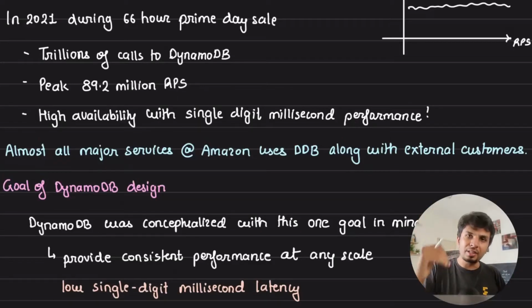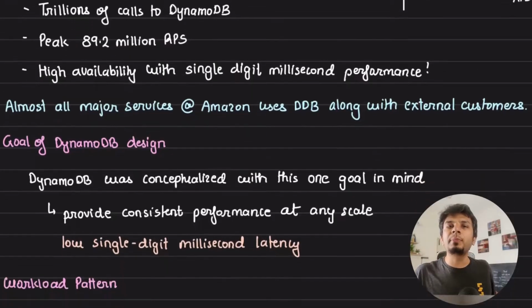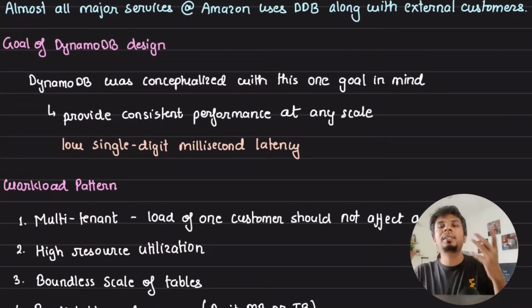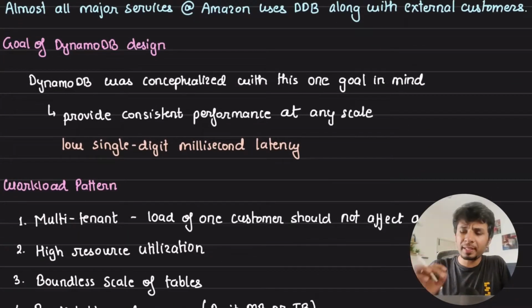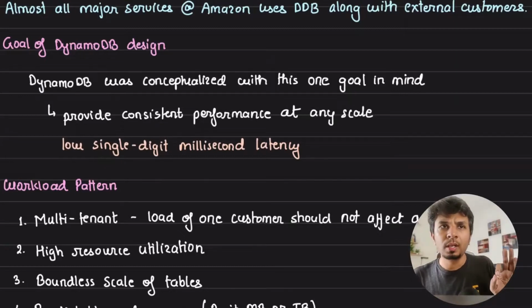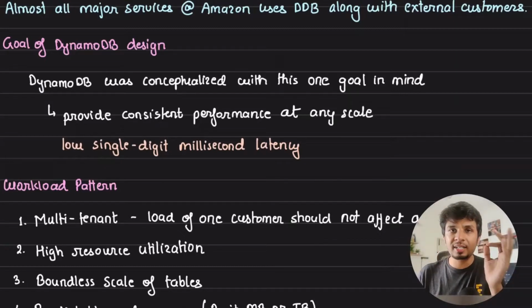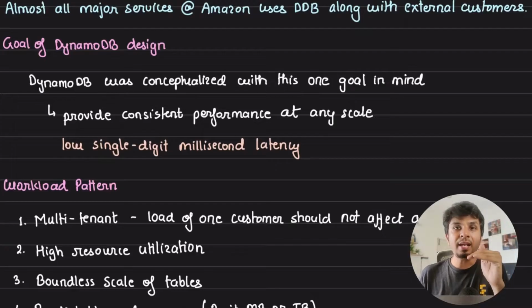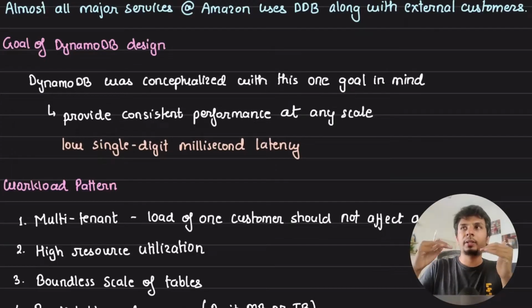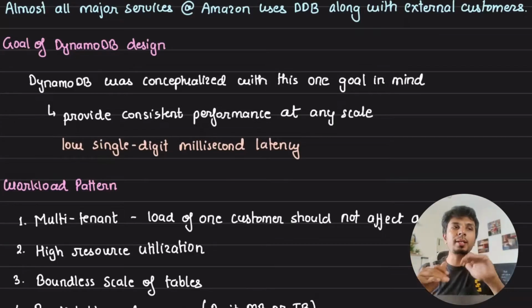Okay, let's start with the first thing. What is the goal of DynamoDB design? How it all started. So DynamoDB started with just one goal, that it wanted to provide consistent performance at scale. Day zero was more like, hey, we want consistent performance at scale.